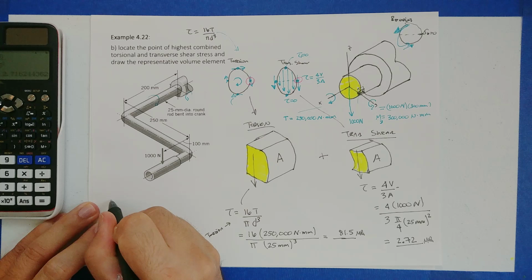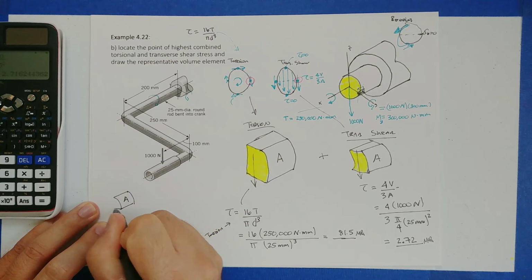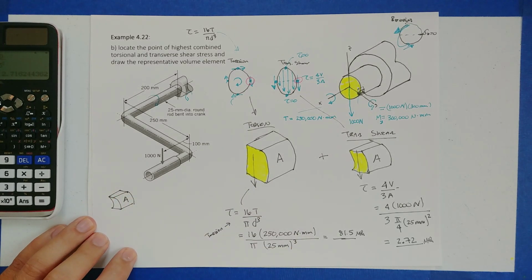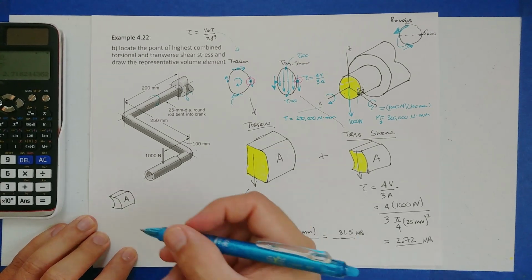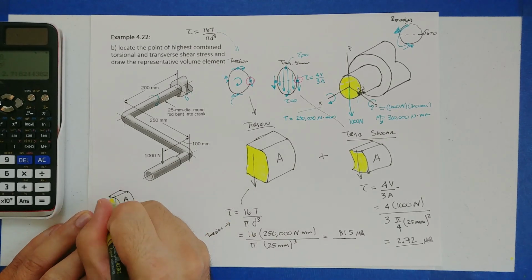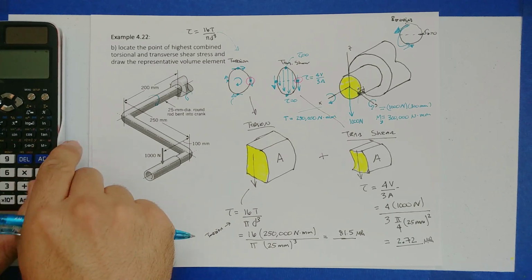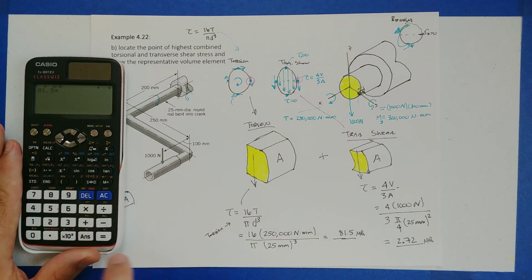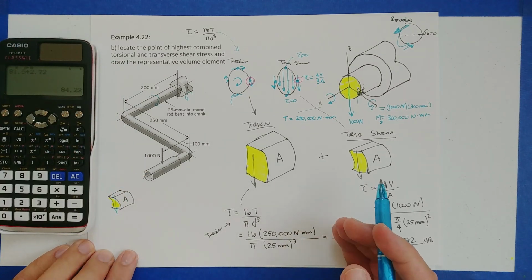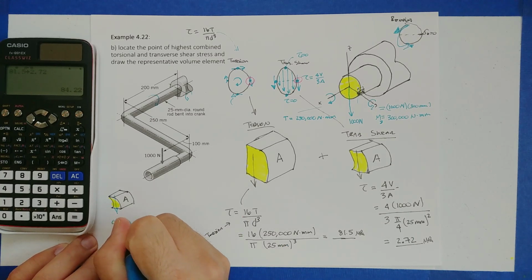So if we look at the 3D, it's going to look something like this. It doesn't look like a cube, but we have something like this. So remember, that's the arrow. And combined, the two would be 81.5 plus 2.72, or 84.22.